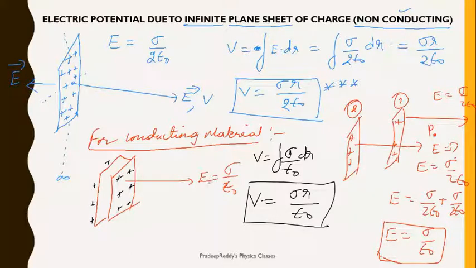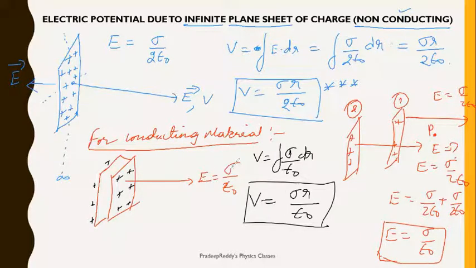You should remember the electric field equation: E is equal to sigma by epsilon naught, and understand the difference between non-conducting material and conducting material. For non-conducting material, the field extended on one side is sigma by 2 epsilon naught. For a conducting material, the field extended on one side will be sigma by epsilon naught.